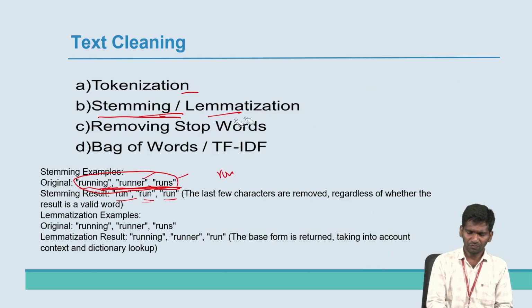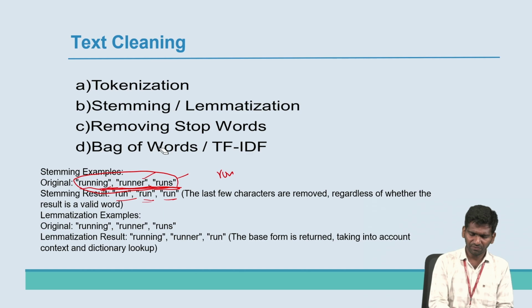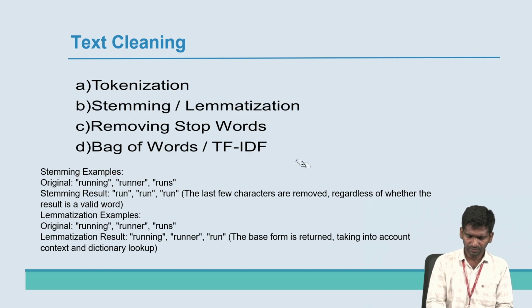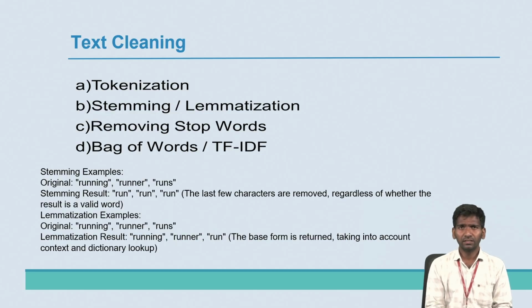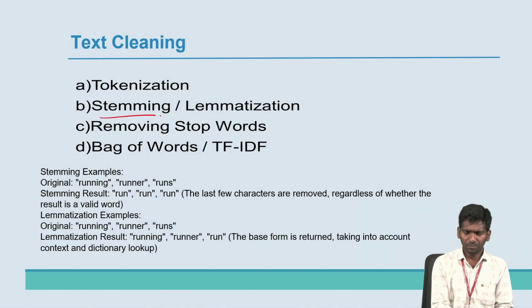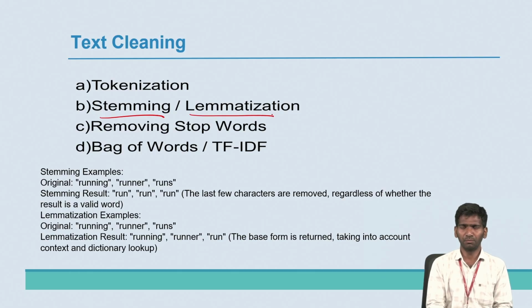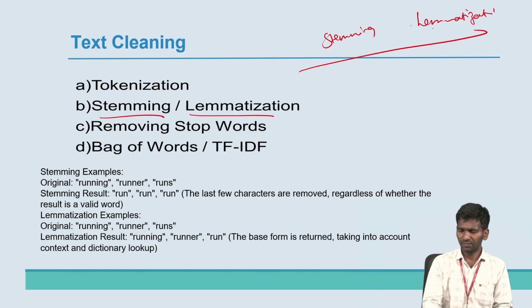So when can we use the stemming technique and when the lemmatization technique? That all depends. When we have a large data set, we can use stemming. When we have small data sets, we can use lemmatization, because stemming is faster. So what is the difference?